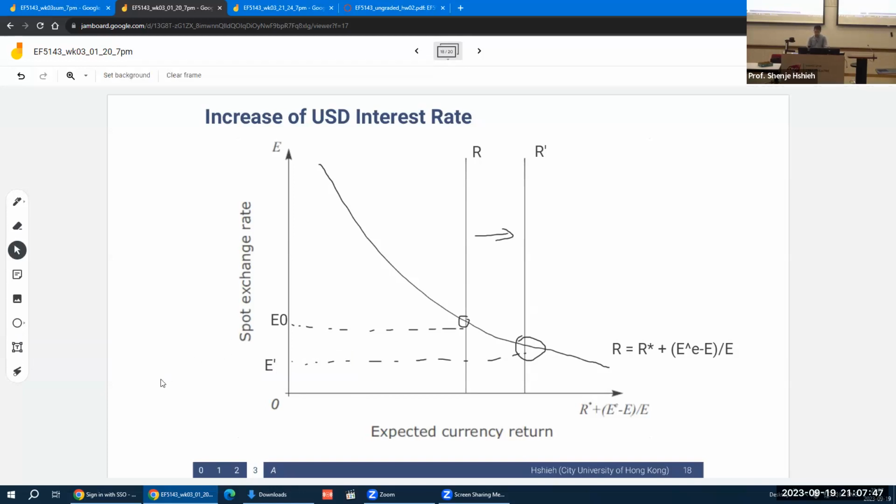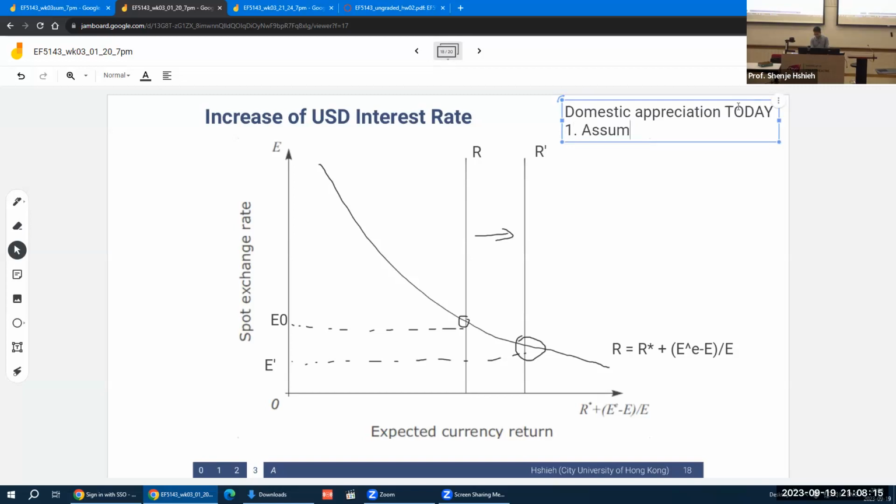Now I'm going to give you intuition. Okay, what's going on behind the scenes? What happens is you get domestic appreciation today. That's kind of the emphasis. There's domestic appreciation today if there is an increase in interest rates. And the intuition is the following based on the UIP equation. So how do you interpret this?